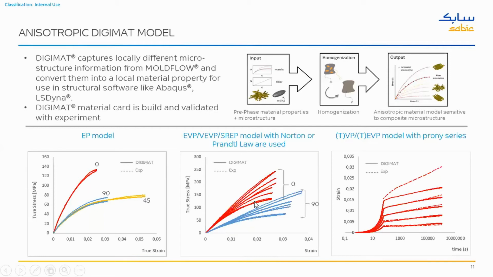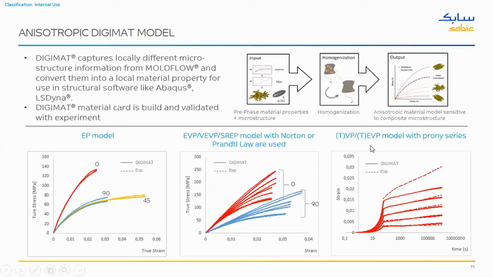Here also we could see the comparison of Digimat versus experiment across the different orientations and across the strain rates. Digimat is able to capture the behavior quite well with the experimental results. I would say this is more or less within 5% accuracy.